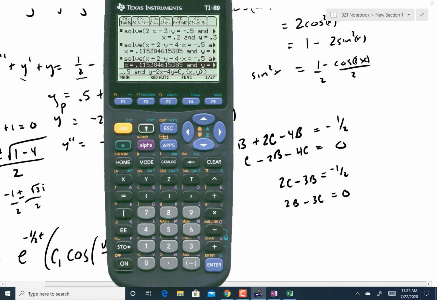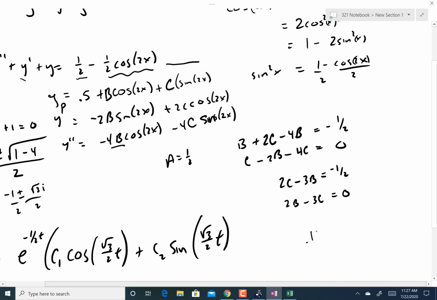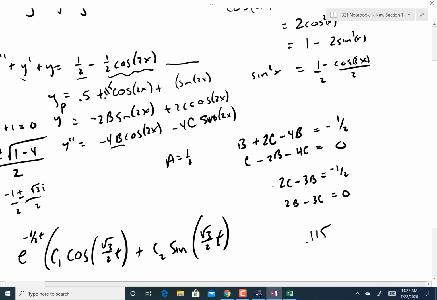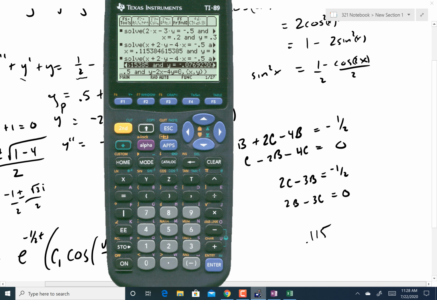All right, so 0.115 is my B. And my C is, I must have just added something wrong. My C is negative 0.0769. And if you go and look at the back of the book, they give you 3/26.